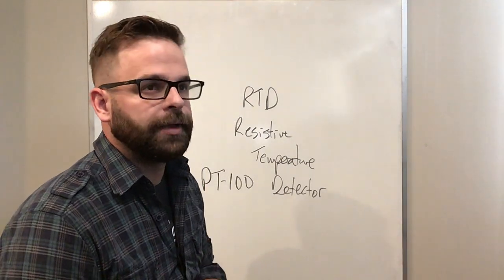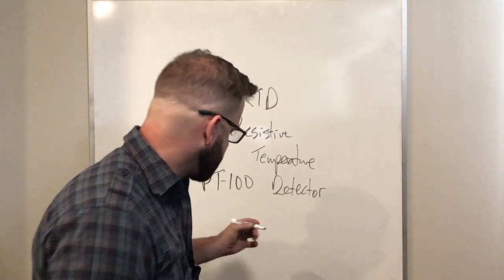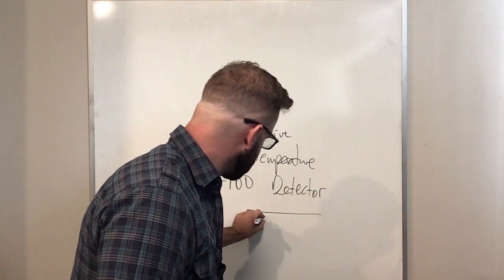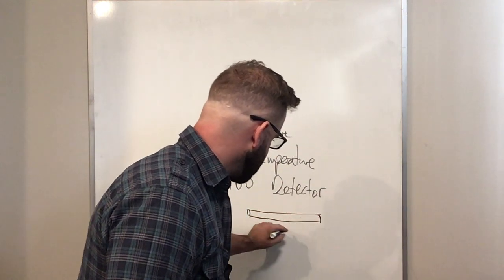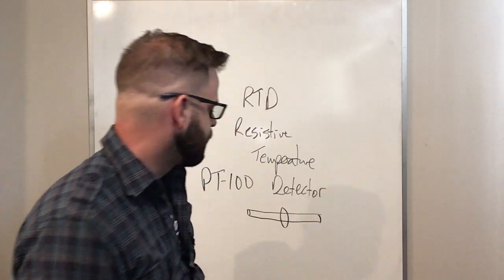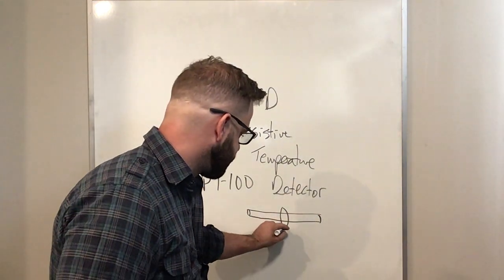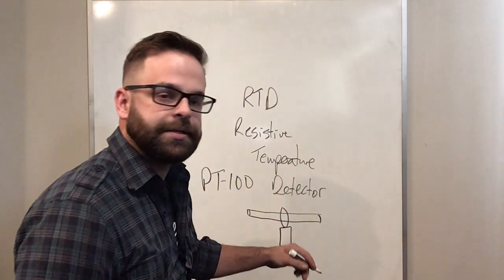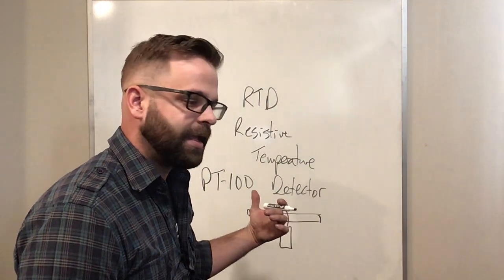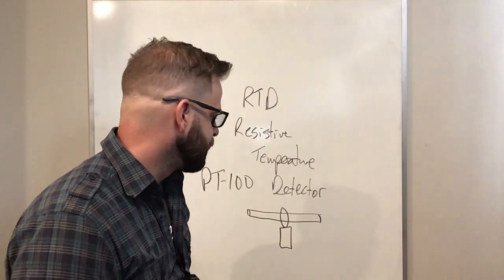So what you do find is typically most wires. So if I have a chunk of wire, let's say it's copper, and I put a flame on it, what it ends up doing is, as heat is put on the wire, it will end up increasing the resistance of that wire.